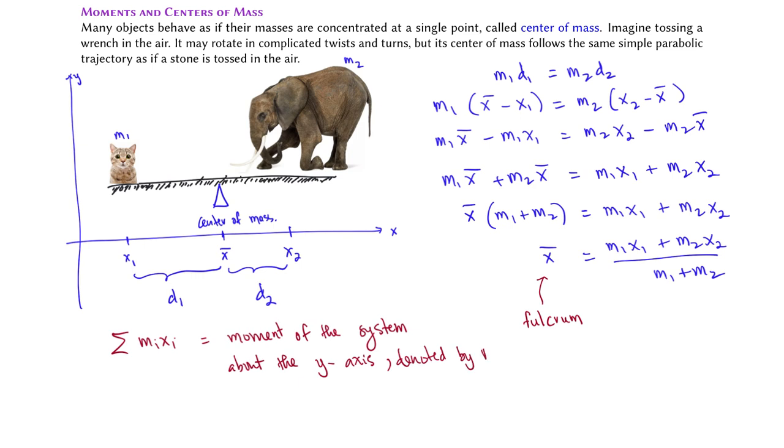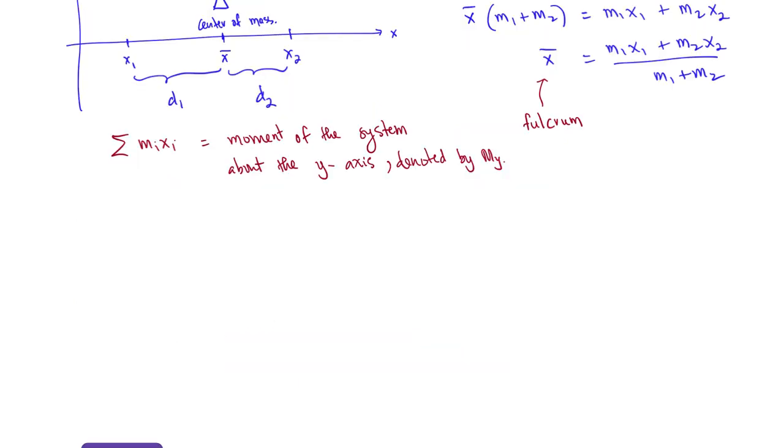It is denoted by My, to remind us that it is the moment about the y-axis, even though we use the x-coordinate. So Mx equals m, the mass, times y: the mass times the directed distance from the x-axis.